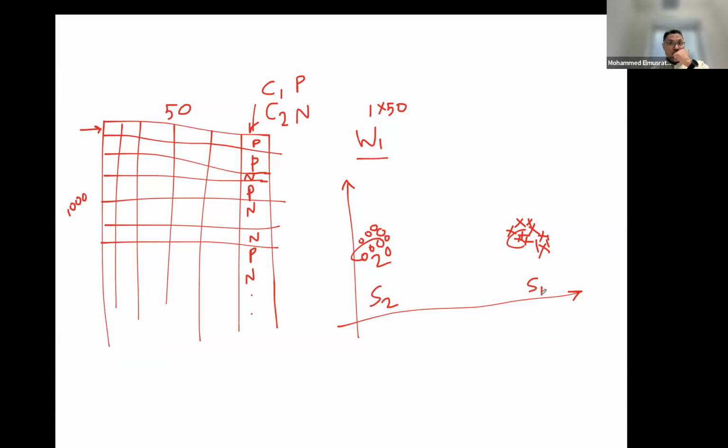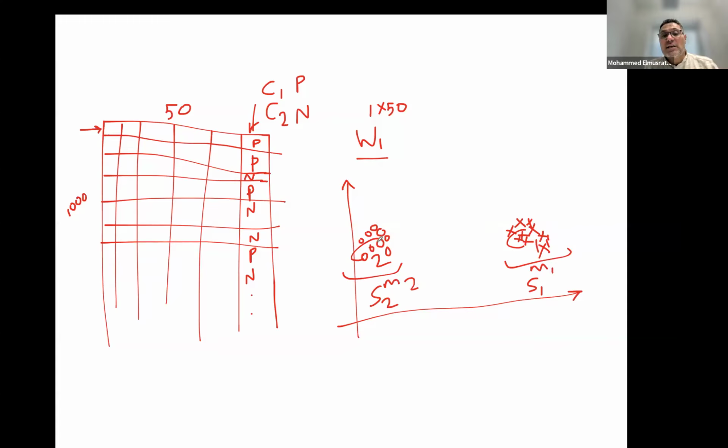This is one task. The second task is to maximize the difference between the mean of each class, because here we have the mean M1 and the mean M2.